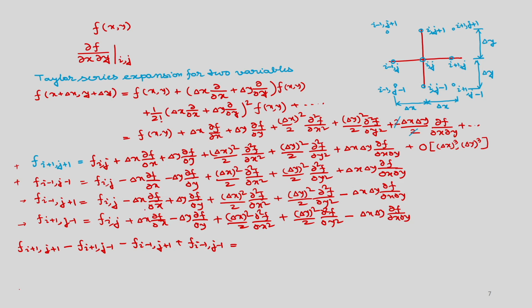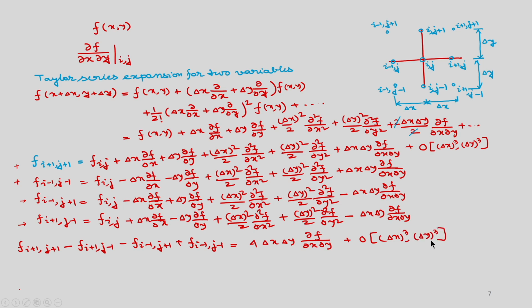These two are plus and these two are minus, so these will also cancel out, and you will get only 4 Δx Δy ∂²f/∂x∂y. Okay. So, it will be order of Δx³ Δy³.